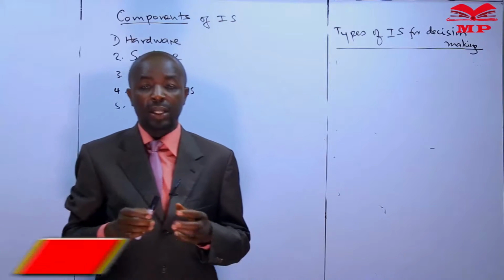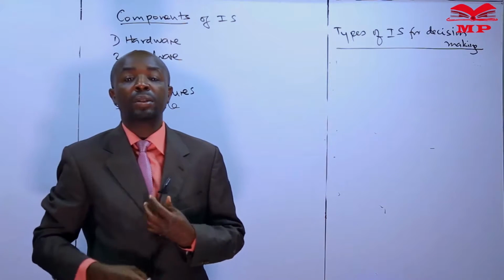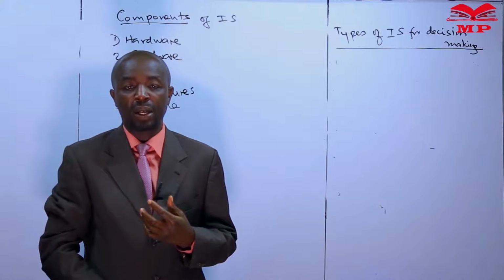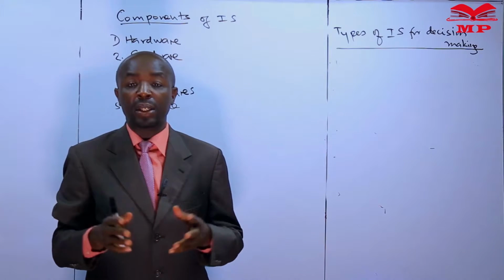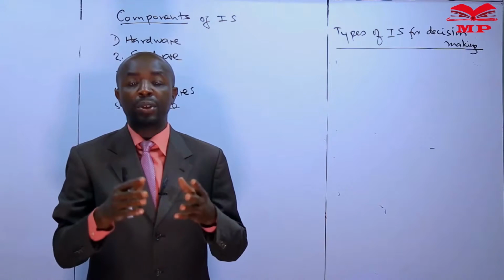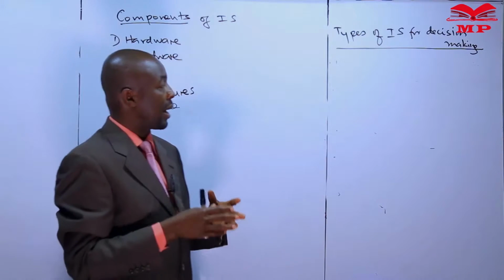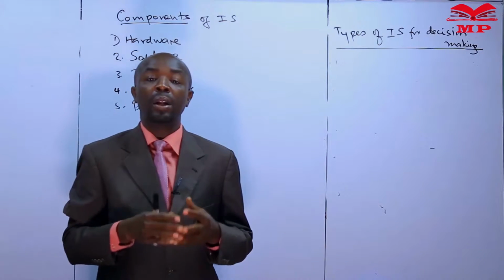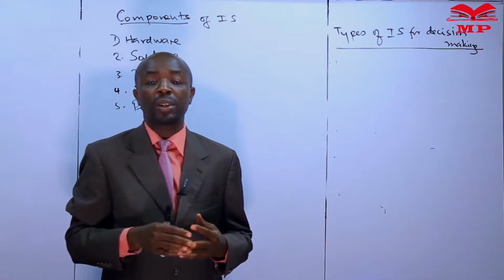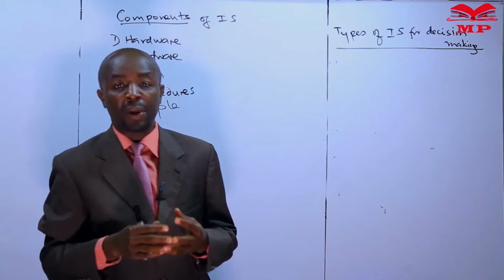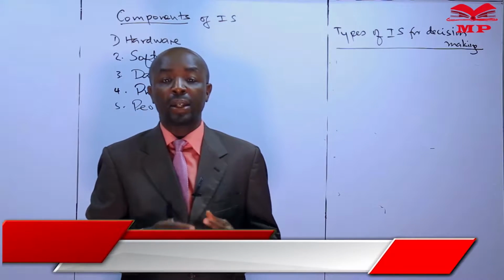Take note that an information system does not replace decision makers. It has no capability to make a decision. We install it in the computer system, and we use it to help managers at the various levels of management to make decisions. That's a very key point.